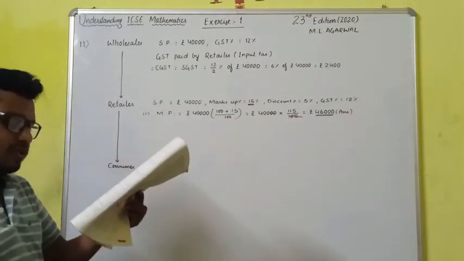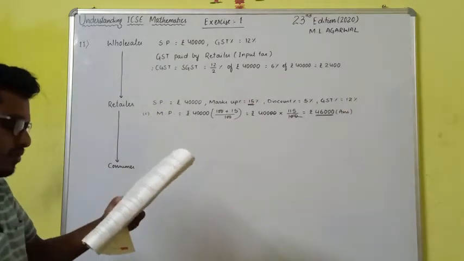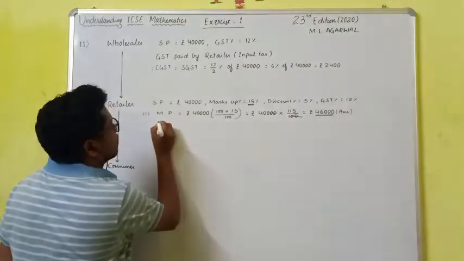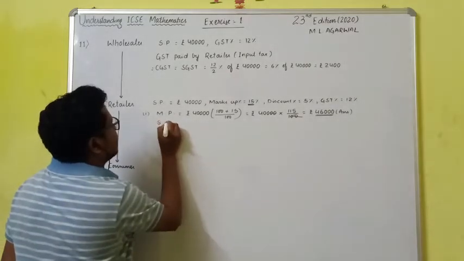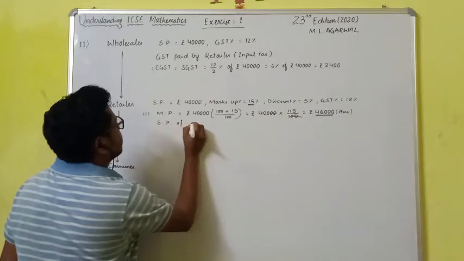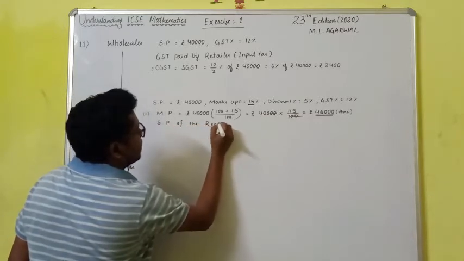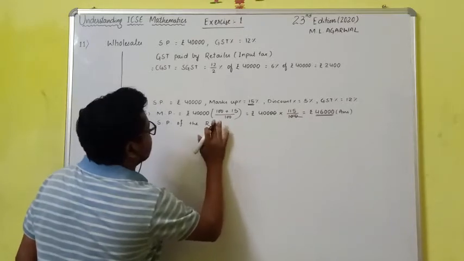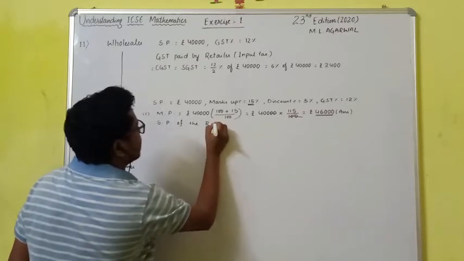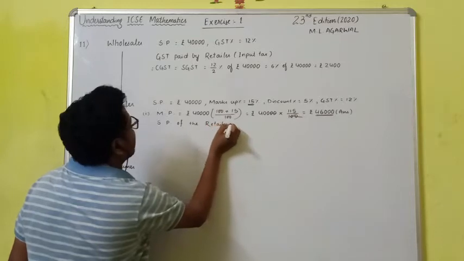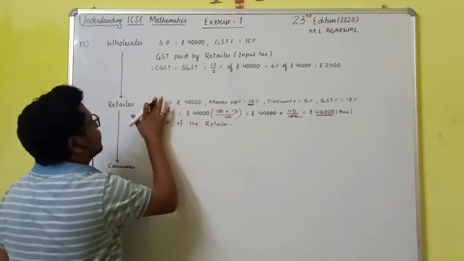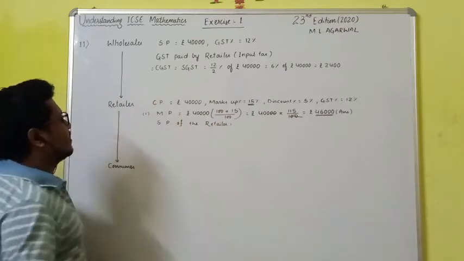Then the amount which the customer pays for the TV, that we have to calculate, but first calculate the selling price of the retailer. Sorry, we have done something wrong here. Here you have to write not SP, here you have to write CP of the retailer.